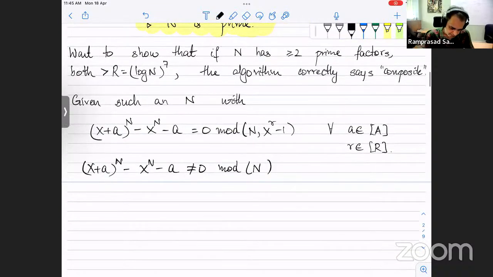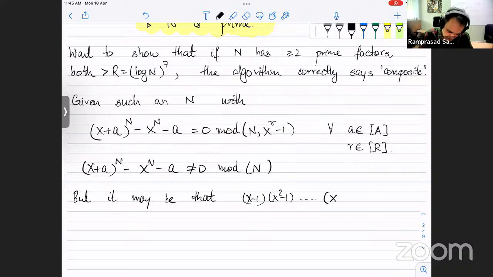But it may be that x minus 1, x squared minus 1, and so on, all the way till x to the power capital R minus 1, divides this nonsensical polynomial. Notice the left hand side is something that has degree which is roughly polylogarithmic in capital N, whereas the right hand side is a polynomial of degree capital N minus 1 or so. It's a massive degree polynomial.